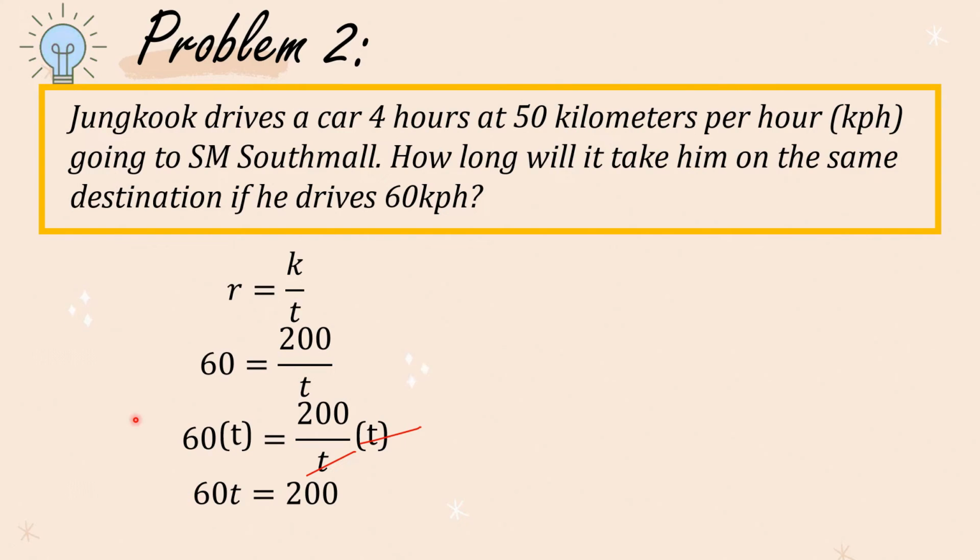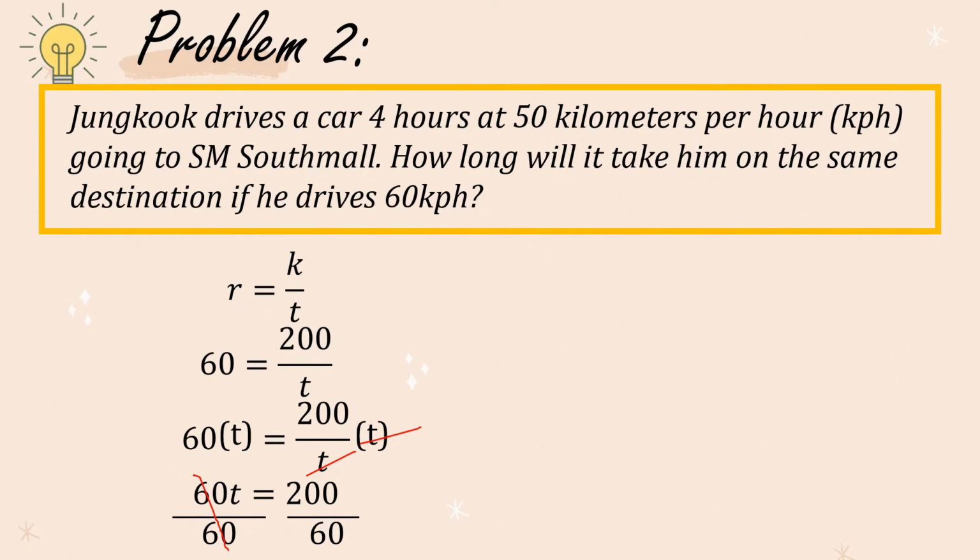After this, ano kailangan na natin gawin? We have to isolate T. Paano natin ma-isolate si T? We have to divide both sides by what number? Very good! Number 60. So, let us divide both sides by 60. So, since i-divide natin siya both sides, 60 now will be eliminated.